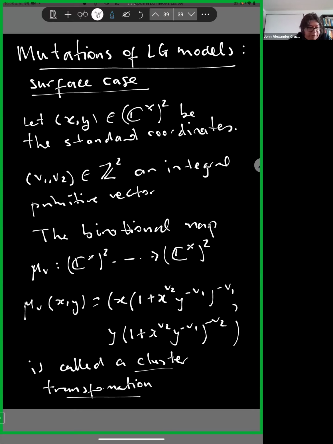Also, some people call it the wall-crossing map. A similar map appeared in a paper by Auroux studying some kind of wall-crossing phenomenon. We want to use this map in order to define a mutation of a Laurent polynomial.